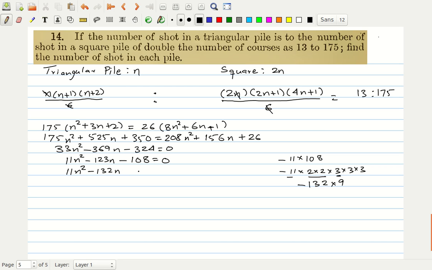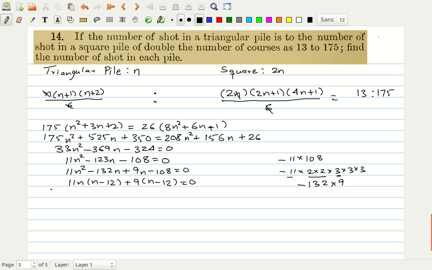So minus 132n plus 9n minus 108 is equal to 0. So you get 11n times n minus 12 plus 9 times n minus 12 is equal to 0.